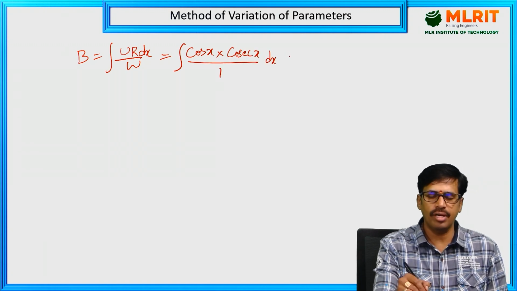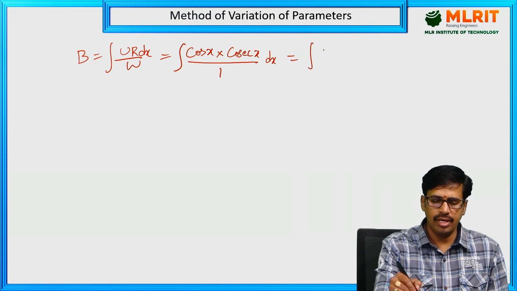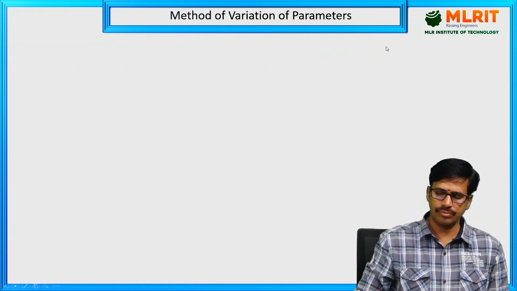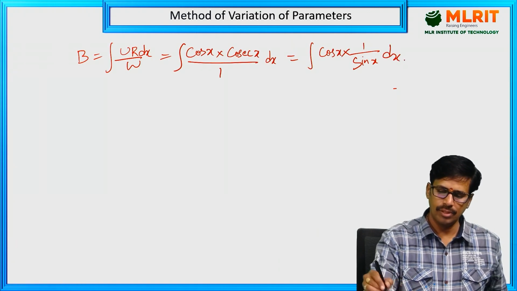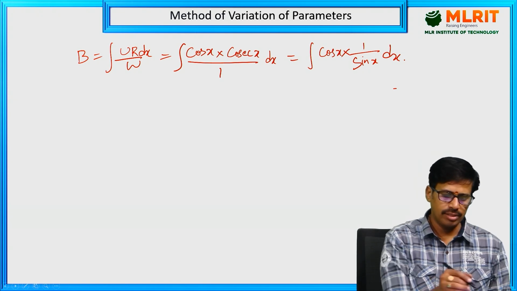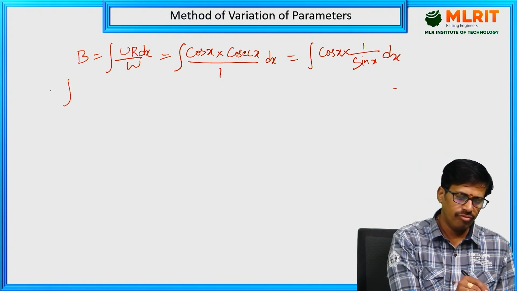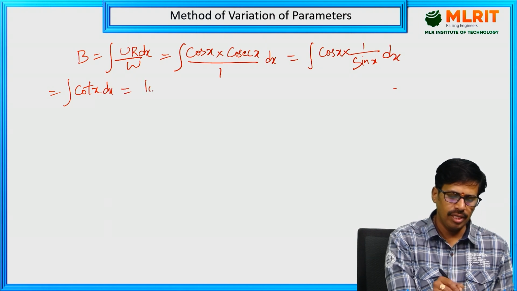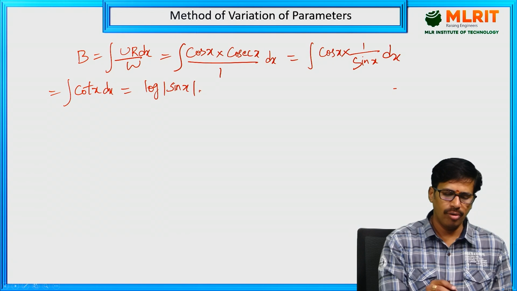So this can be written as integral cos x into cosecant, which means 1 by sin x, dx. So cos x by sin x is cot x. So integration of cot x dx is log mod sin x. So we got the B value.